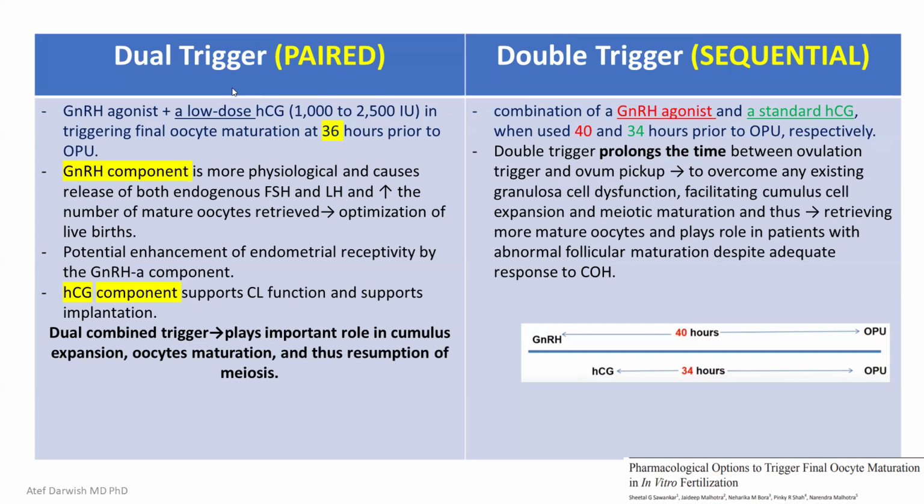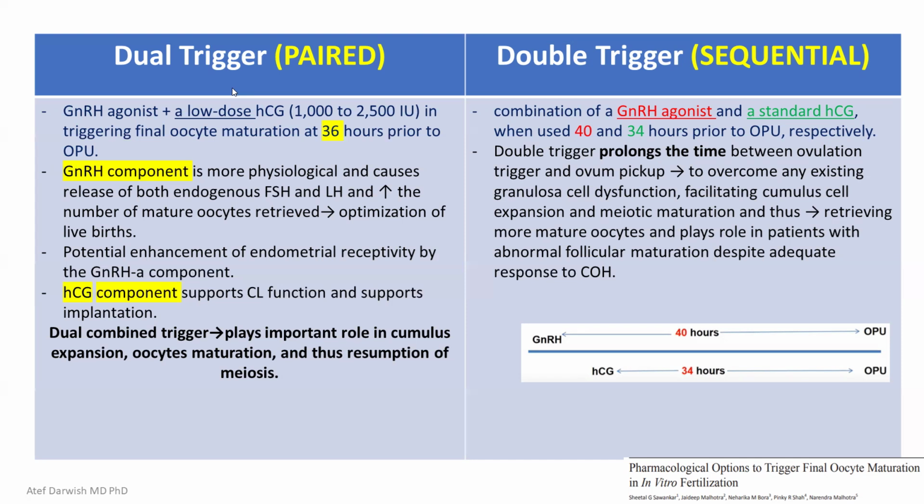So you have the advantages of GnRH agonist and the advantages of HCG, but with a small dose to avoid overstimulation. Another protocol is double triggering, which is sequential. You give GnRH agonist first, and then a standard dose of HCG 5,000 at 34 hours. So the GnRH agonist at 40 hours, HCG at 34 hours.